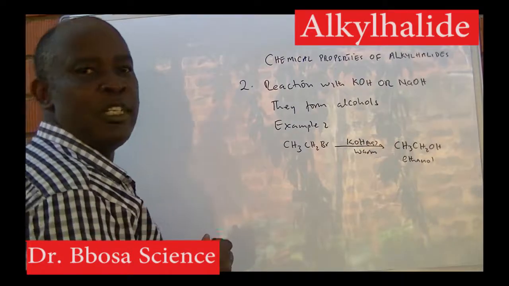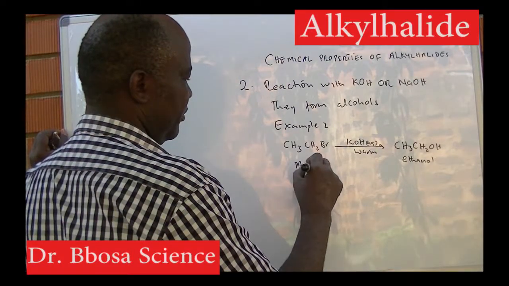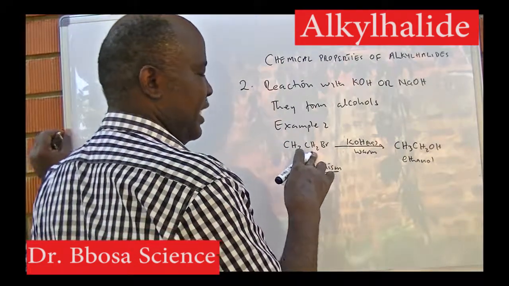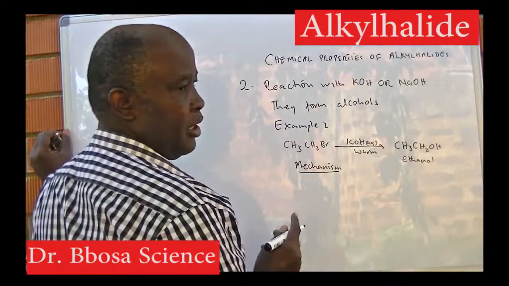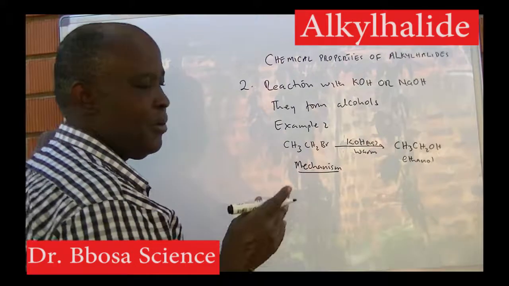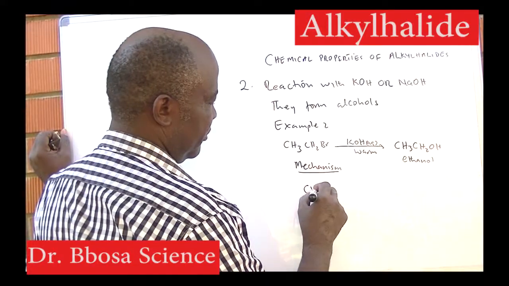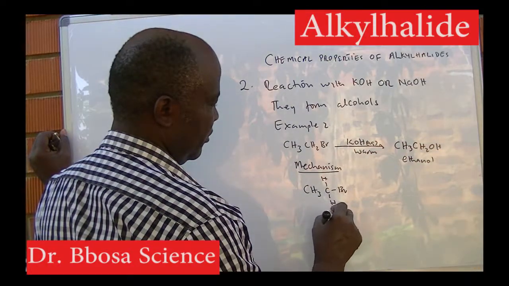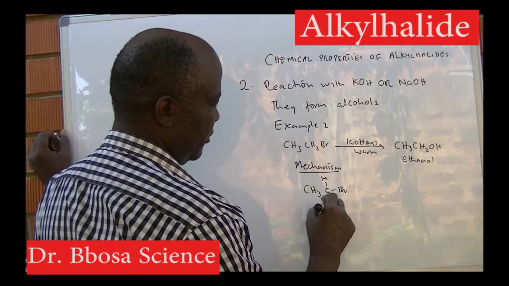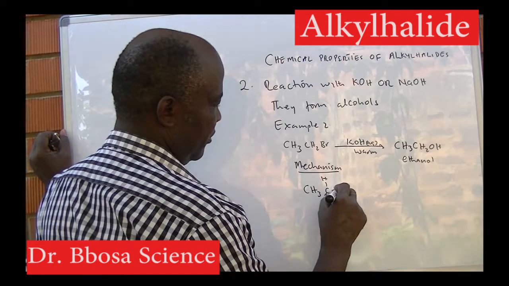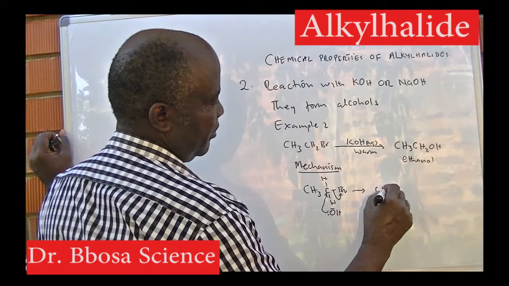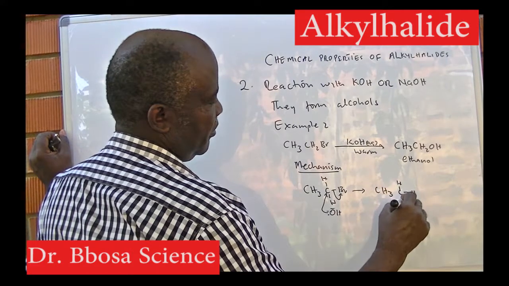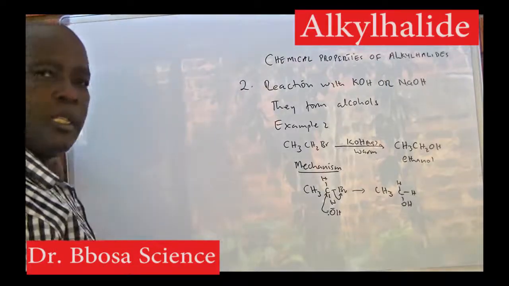The mechanism: bromoethane is a primary alkylhalide, so it undergoes the SN2 mechanism, to get ethanol.